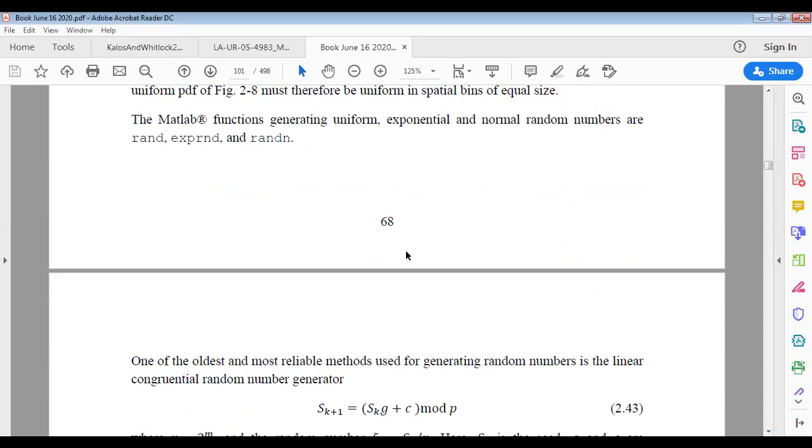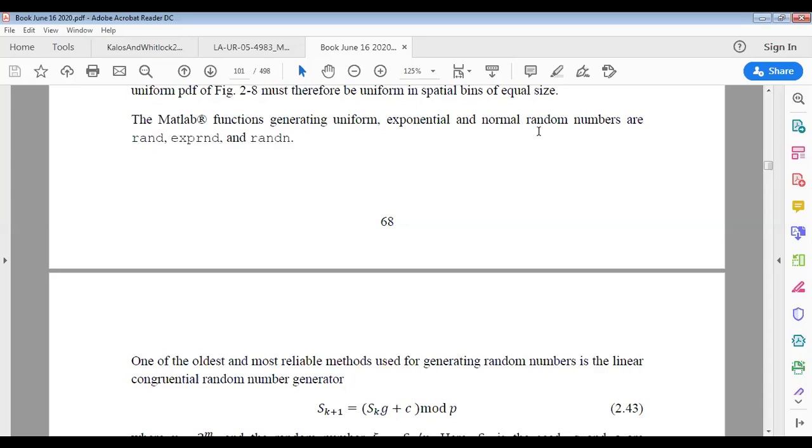So now the Matlab functions which generate random numbers, the three most common ones that people use are the uniform random number, for which the function is rand. The second is the exponential random number, which is exprnd.